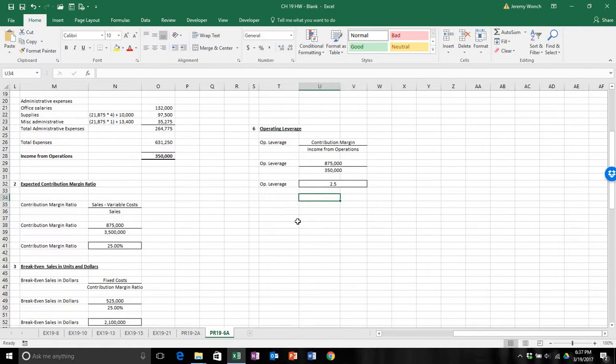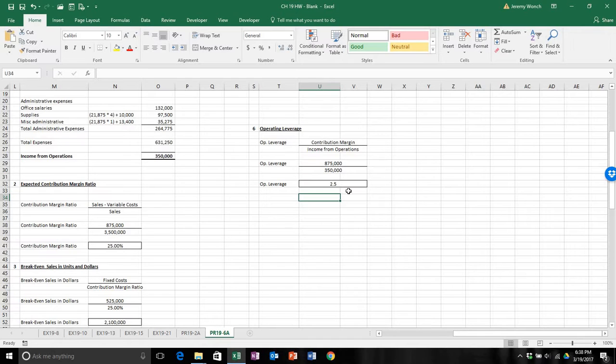Whether that's high or low really depends on what industry you're in. For some industries it could be really high, for some it could be really, really low. If you're in the grocery business, that's probably a super high leverage, because most grocery stores, when they sell stuff, have a very low margin.